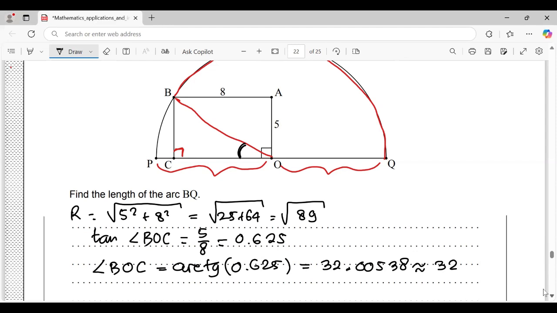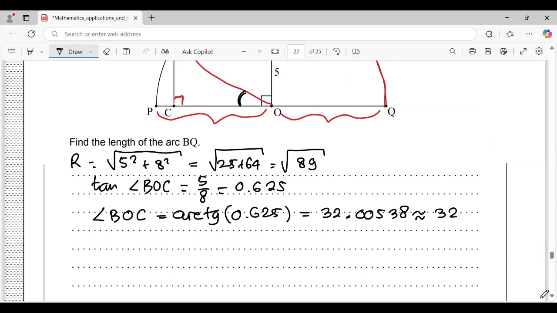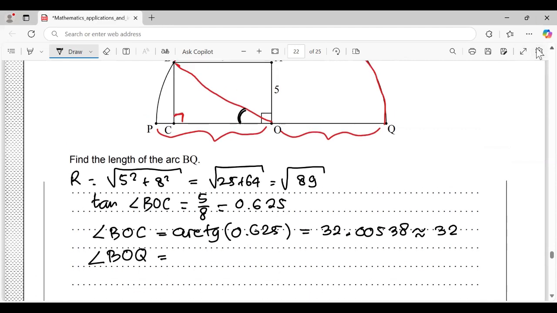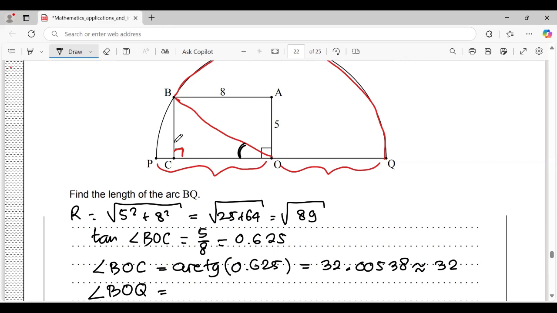Next, after that, angle BOQ. This is the angle BOQ, because we are going to find this arc length, so we need to find this angle first.